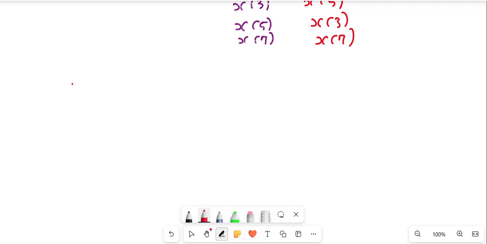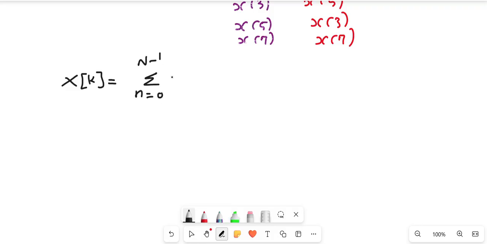So what is the general equation? X of k is equal to the summation of n equal to 0 to N minus 1 of x of n into W power kn.